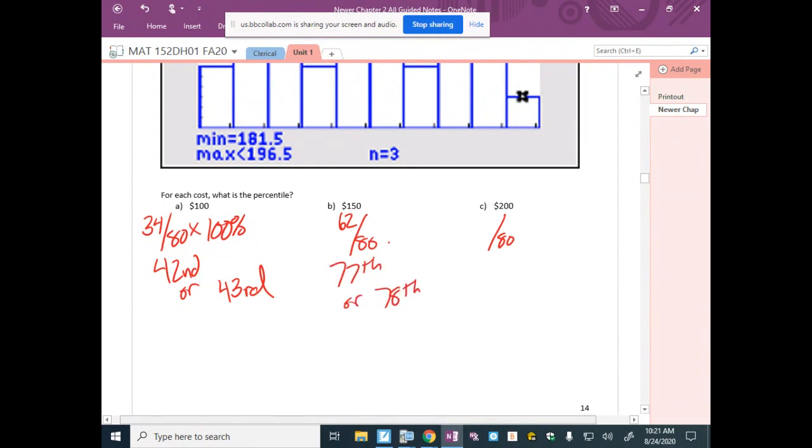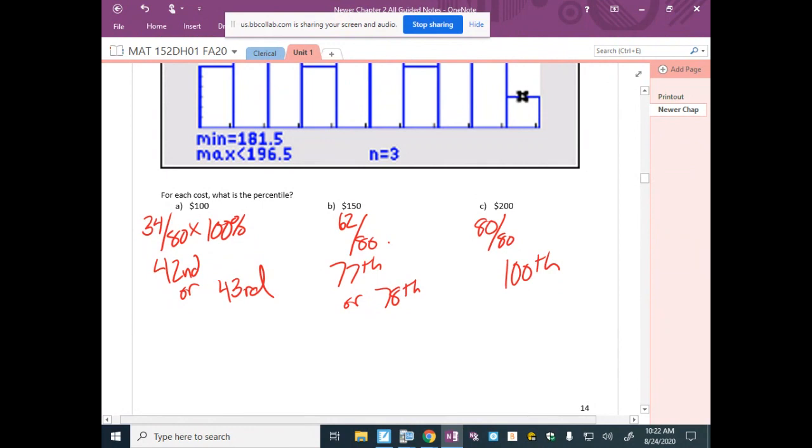How about $200? Oh, all of them. 100th percentile. Now, nothing is really ever going to be in the 100th percentile per se in the real world, but in this class where we have a finite amount of data, there has to be the biggest one.